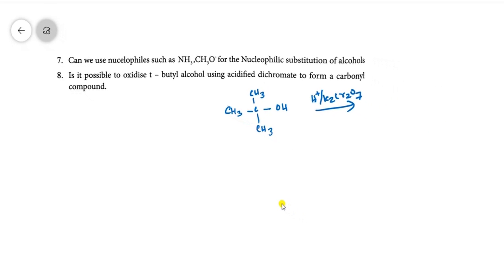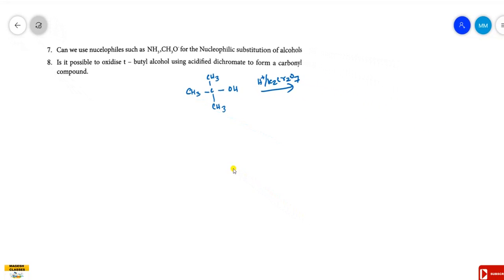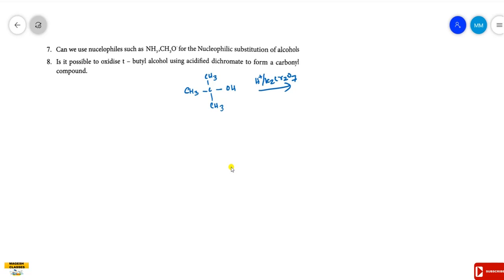Tertiary butyl alcohol is not oxidized by acidified dichromate because of the absence of alpha hydrogen. Oxidation is the removal of hydrogen. The OH group contains oxygen, but the alpha carbon has no hydrogen, so it cannot be oxidized.